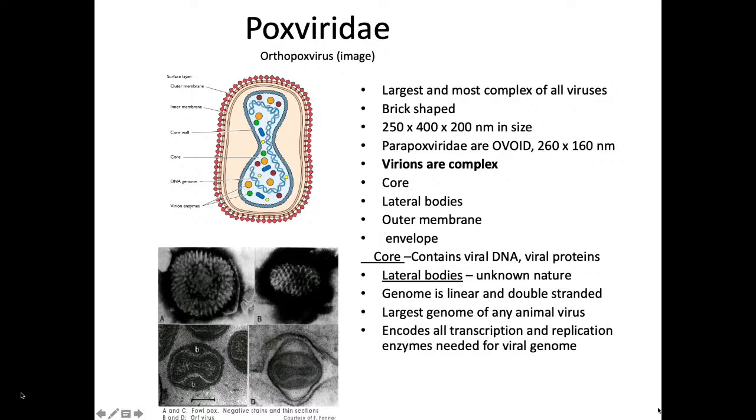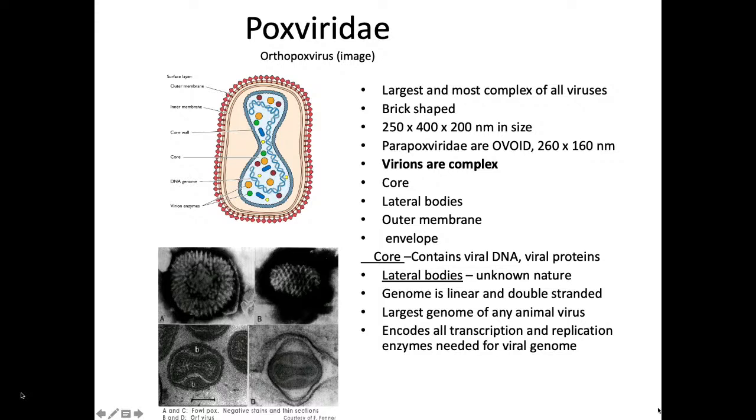It also has lateral bodies, and the lateral bodies contain many proteins. It's difficult to isolate each protein, and therefore the function of lateral bodies is still not well understood, but several proteins are studied.